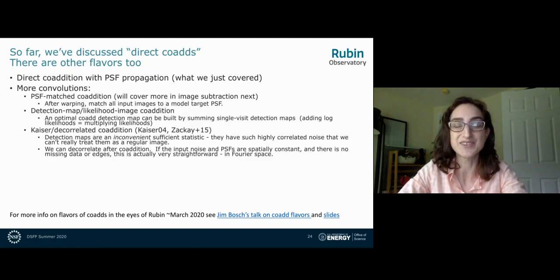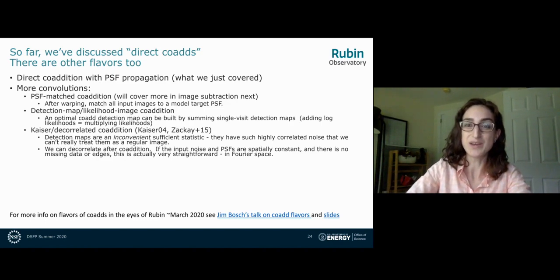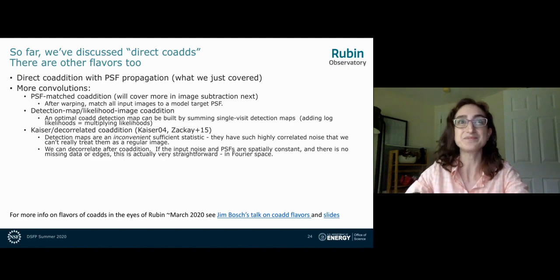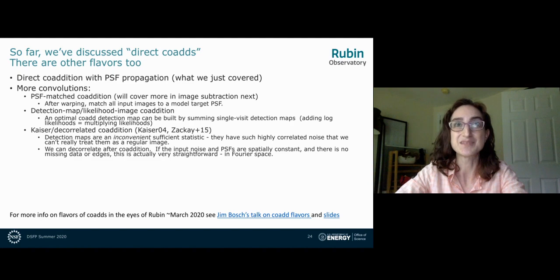So these flavors are PSF matched coadds, wherein you can match the PSFs to a model PSF. And this is actually how we do image subtraction, and we'll talk about this in more detail in the second half of this talk.